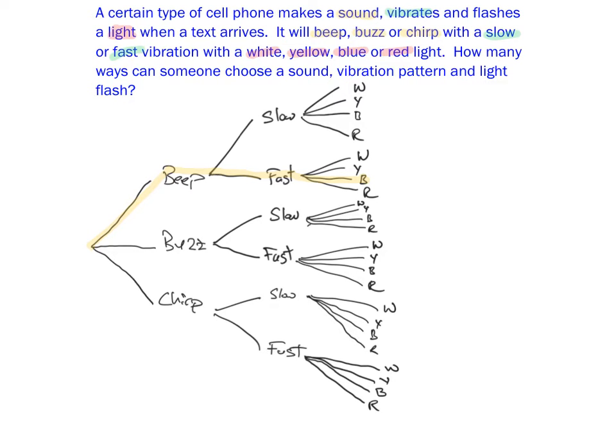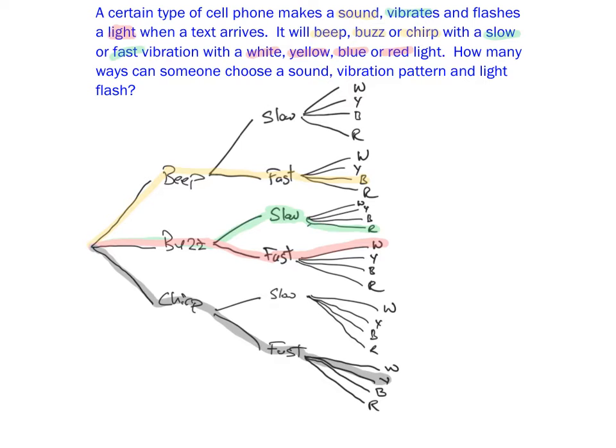You could have a buzz with a slow vibration and a red light. You could have a buzz with a fast vibration and a white light. You could have a chirp with a fast vibration and a yellow light.